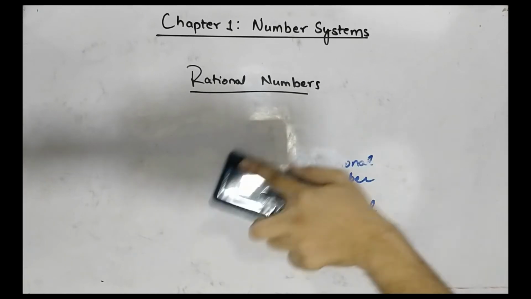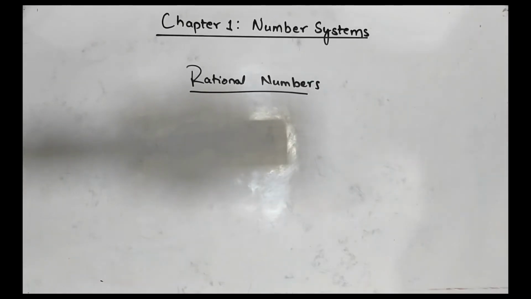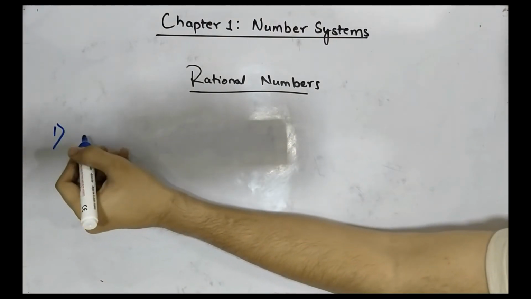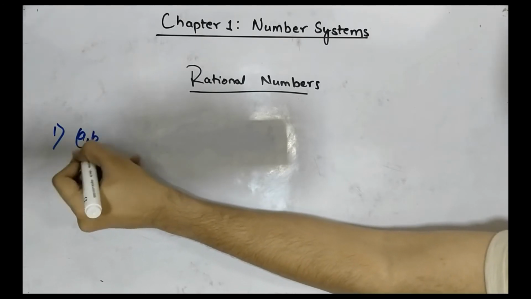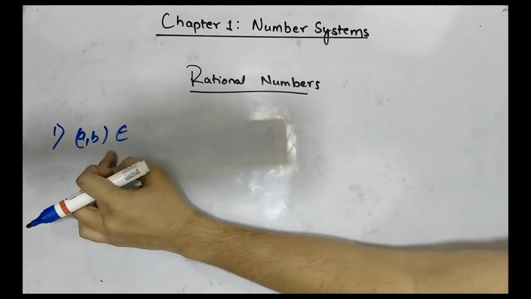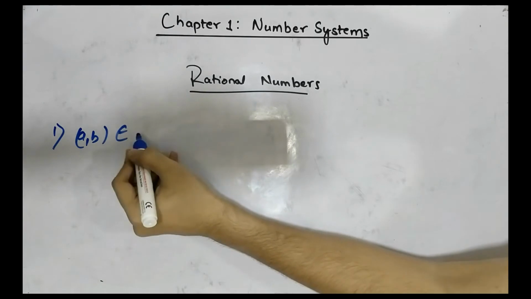Okay, we'll quickly look at all the properties of a rational number. Let's see. The first property is where there are two numbers A and B, both of them rational numbers.